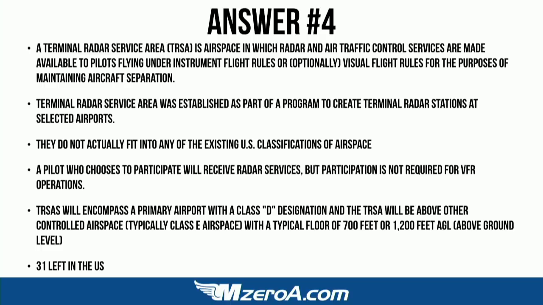That's important. TRSAs will encompass a primary airport with a Class D designation like I showed you earlier, and the TRSA will be above the other controlled airspace, typically Class E airspace as well, with a typical floor of 700, 1,200 feet AGL, above ground level, and like I said, there's 31 left in the United States.